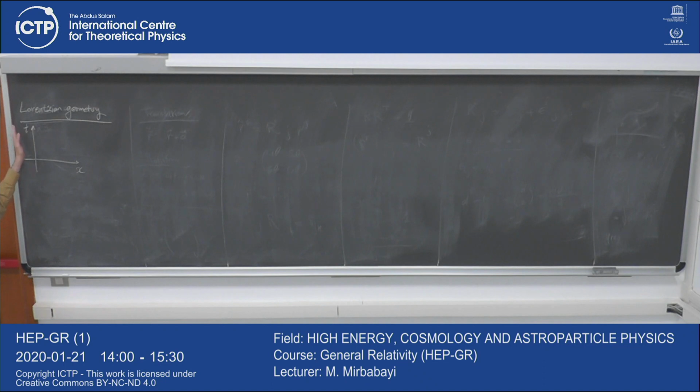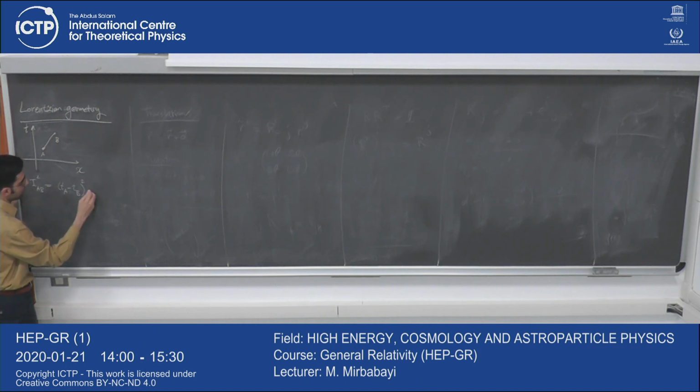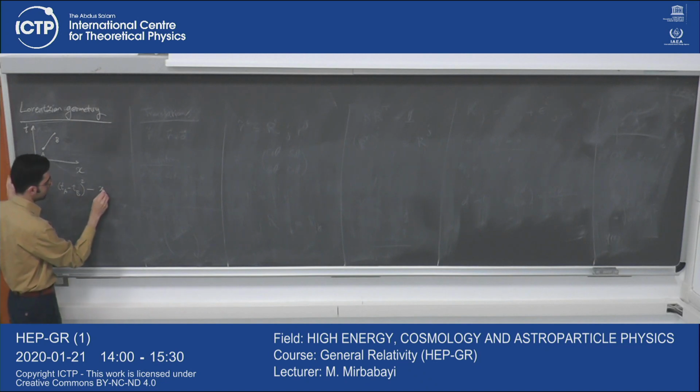So now we have time and space. On the board, I can only do 1 plus 1. Now again, we consider 2 points in the space-time diagram, A and B, and we define the interval as t_A minus t_B squared minus x_A minus x_B squared.